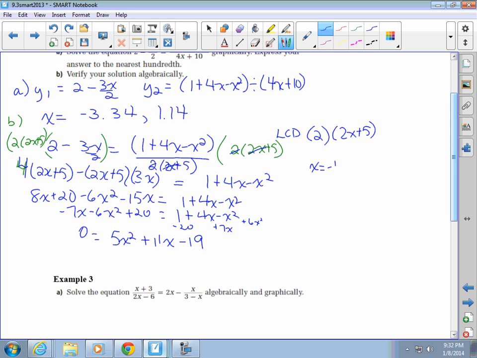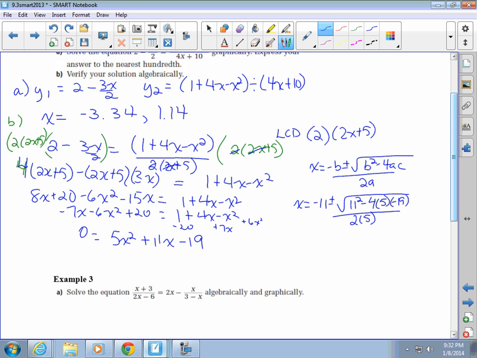x is equal to negative b plus or minus square root b squared minus 4ac all over 2a. So if I substitute in here, x is equal to negative 11 plus or minus square root 11 squared minus 4 times 5 times negative 19 all over 2 times 5.